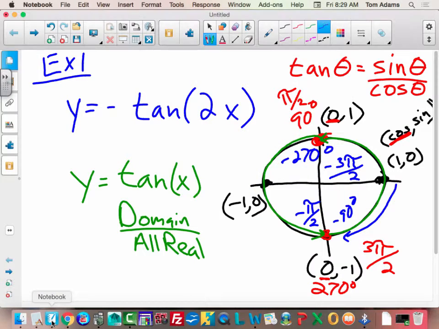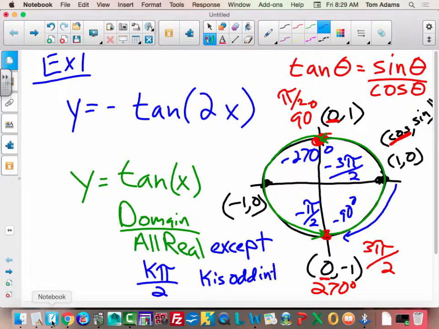So when we come back here, we're going to say all reals except, and I'm going to word it like this: k times pi over 2, k is an odd integer. Does that make sense? Because you've got 1, 3, 5, 7.